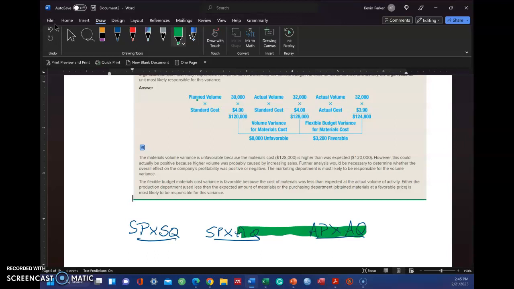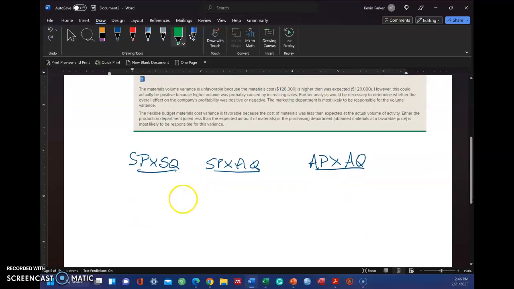Here we got planned, actual. It's the same. But I like the way I wrote mine out better this way. I think it looks better. But that's me. All right, and I had a little bit different terminology. So, all right.